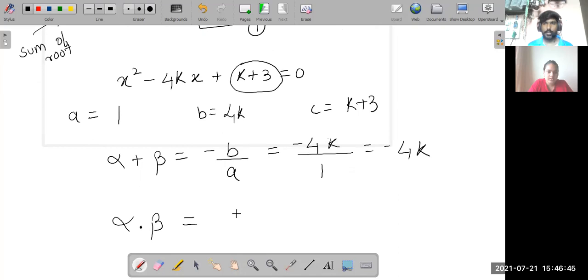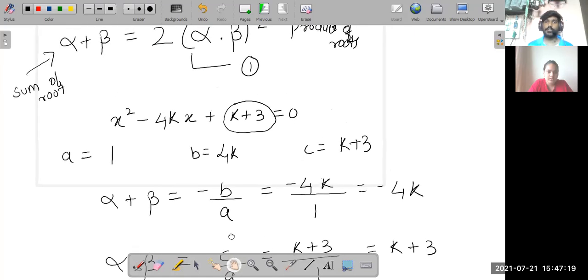C upon A. So substitute. C is k plus 3, A is 1. So k plus 3 divided by 1 is k plus 3 itself.